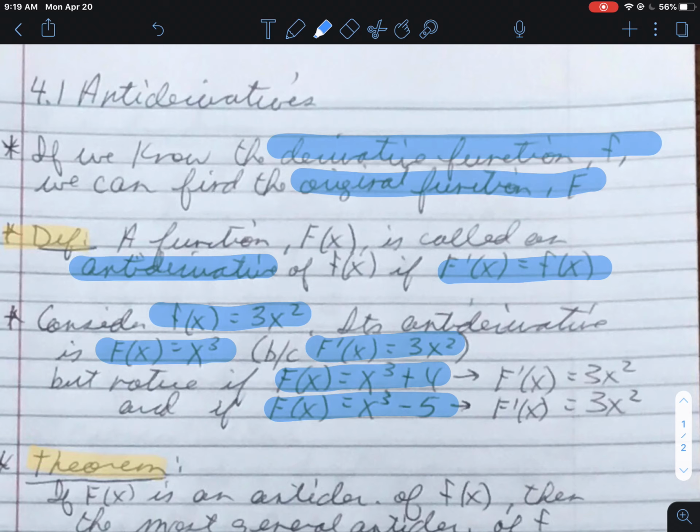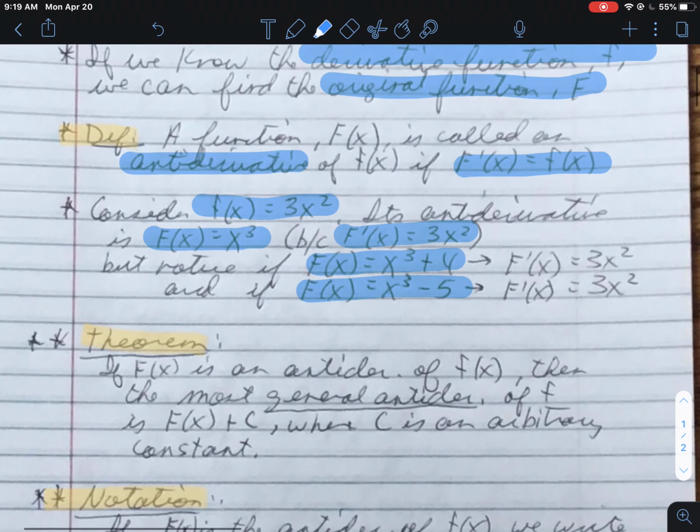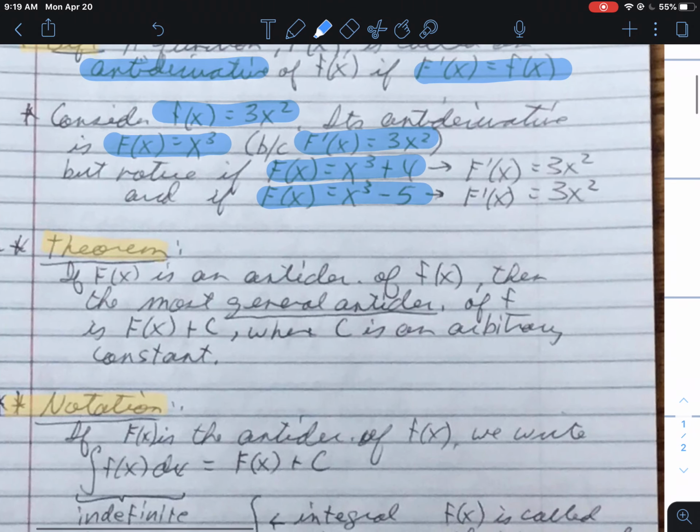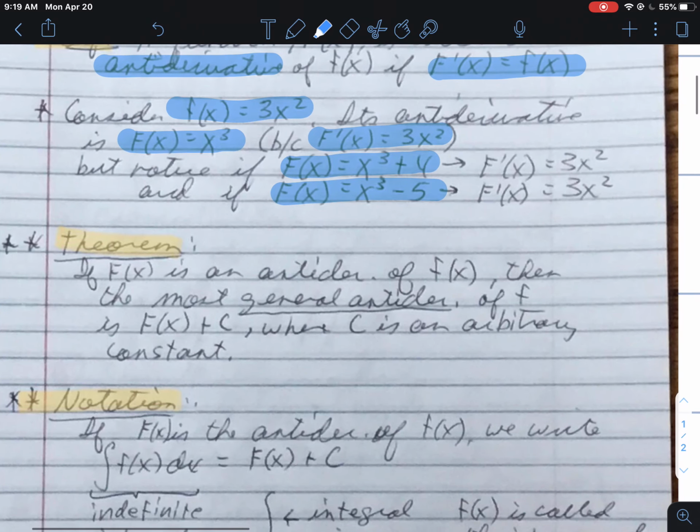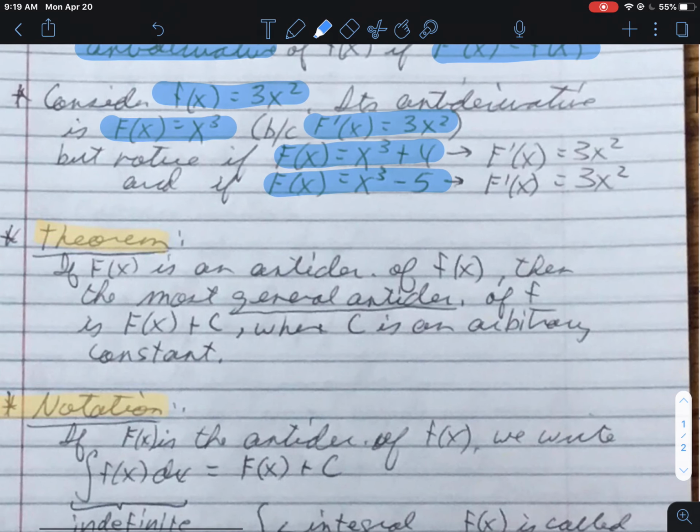If we reverse the process and talk about the antiderivative of 3x squared, it could be x cubed, or it could be x cubed plus or minus some constant value. So for a given function, there's actually an infinite number of antiderivatives. You have to keep that in mind when you're finding the antiderivative of a function. But the only difference between each of those antiderivatives is a constant.